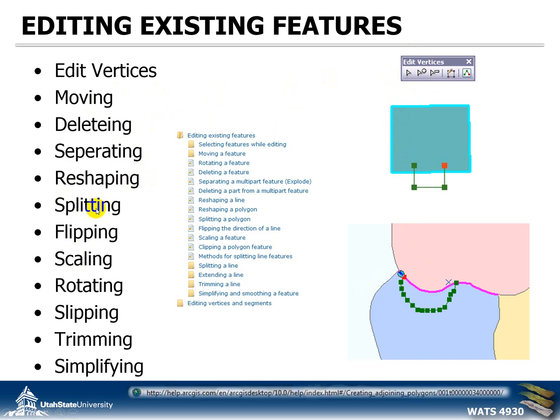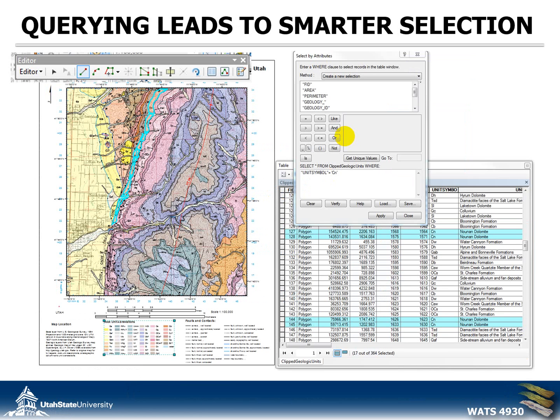You can separate, reshape, split, flip, and so on. There's all sorts of different editing features, and the help is really useful for getting a feel for what these different things do. Most of them are common sense modify-feature commands, and if you're coming from a CAD world, these will make a lot of sense to you.